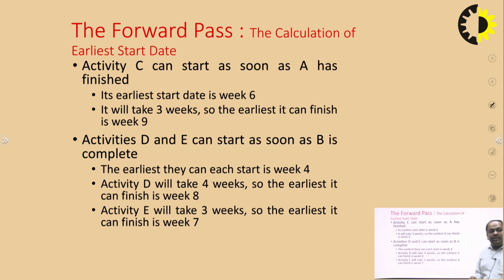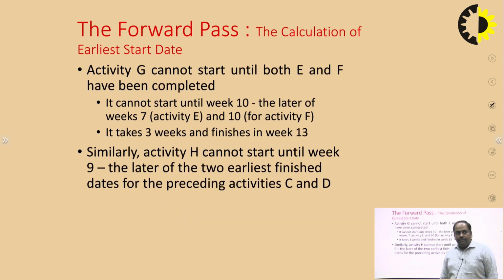Activity D will take 4 weeks, so it will finish at week 8, and activity E will take 3 weeks, so it will finish at week 7. Again, activity G cannot start until both E and F have been completed, so it cannot start until week 10, the later of week 7 for activity E and week 10 for activity F. It takes 3 more weeks, so it will finish in week 13.